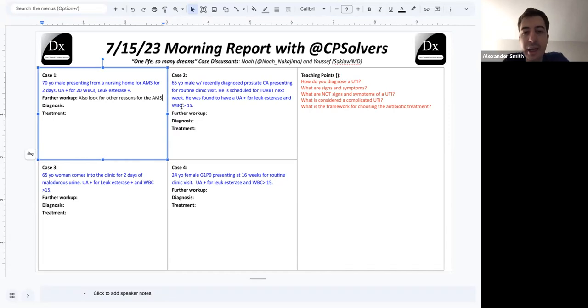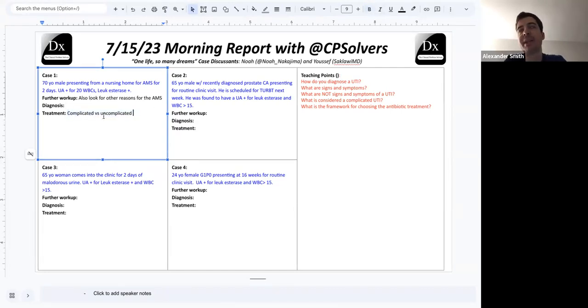And then in terms of other questions that we talked about, if we did think it were a UTI, how would we treat it? We were deciding whether it would be a complicated UTI versus an uncomplicated UTI. And we said that altered mental status doesn't necessarily indicate a complicated UTI.